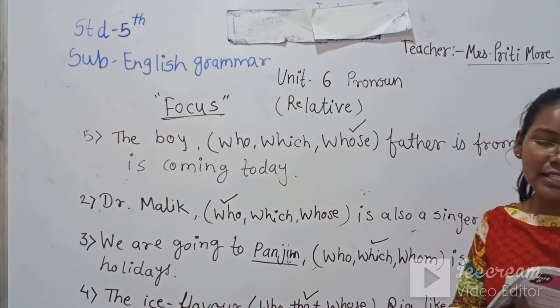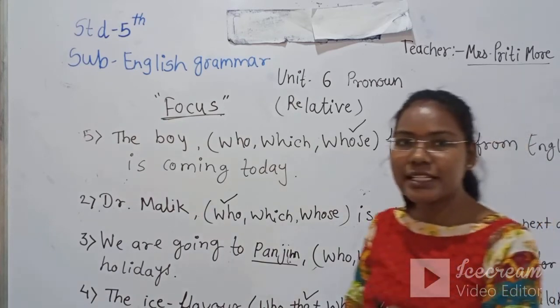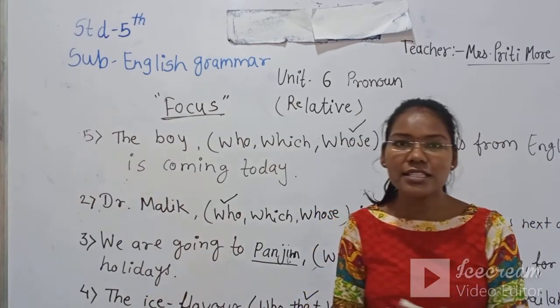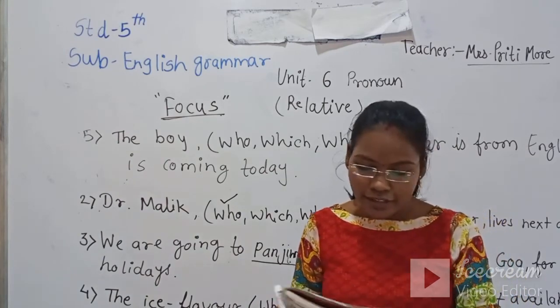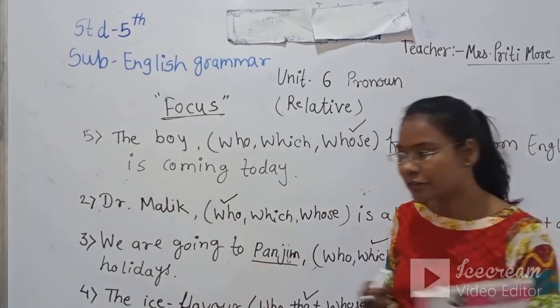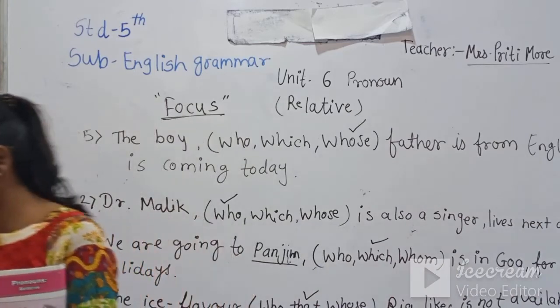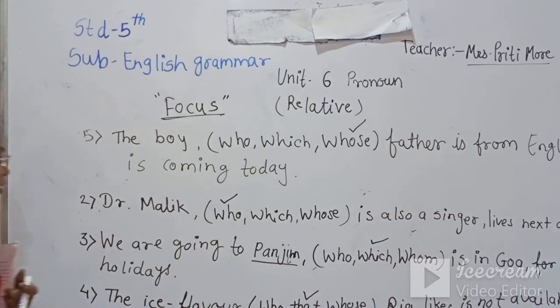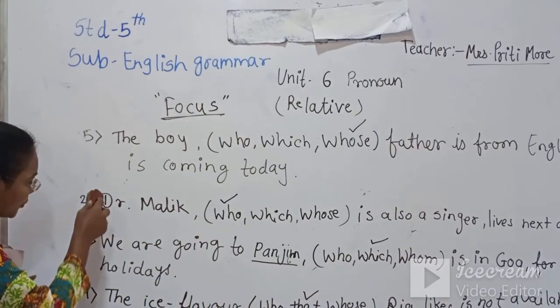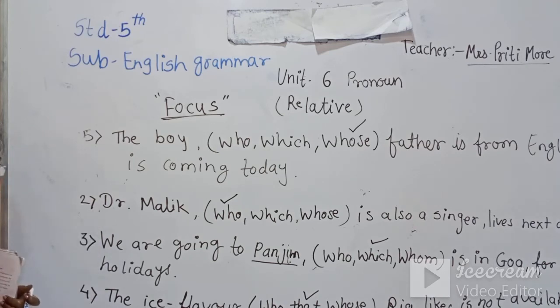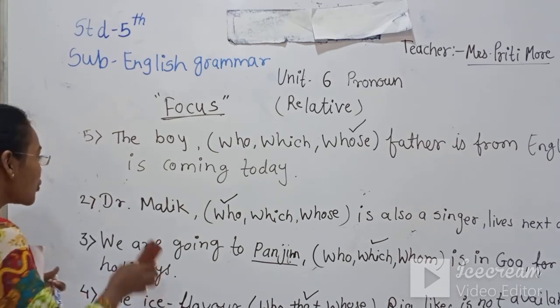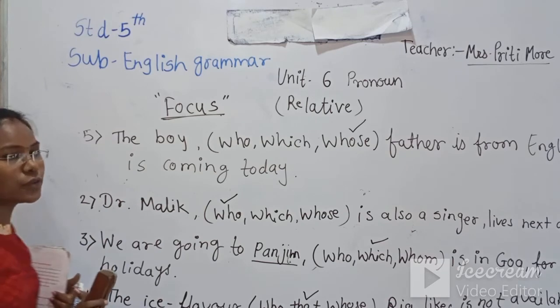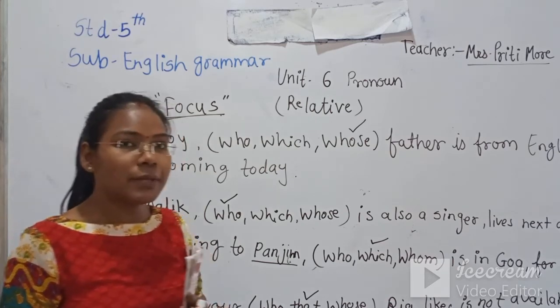Now again the practice exercise is there, but we'll see this practice exercise in our next video. Now it's time for homework. I hope you have written the second, third and fourth sentences in your notebook. So I just rub this and give you the homework. What will be your homework?